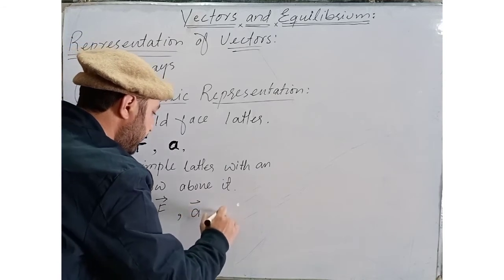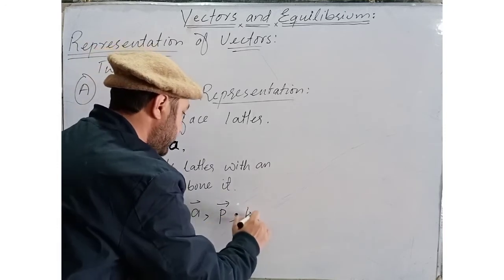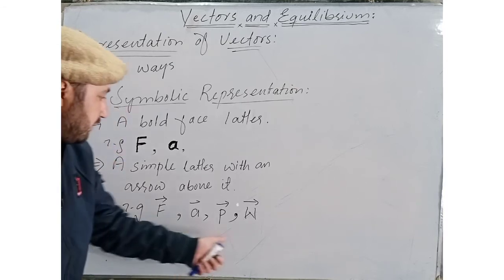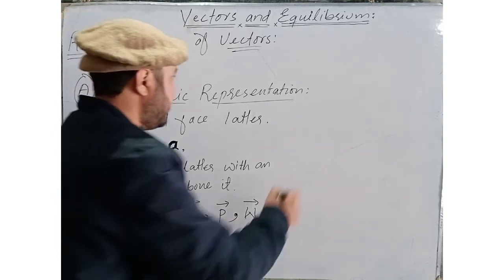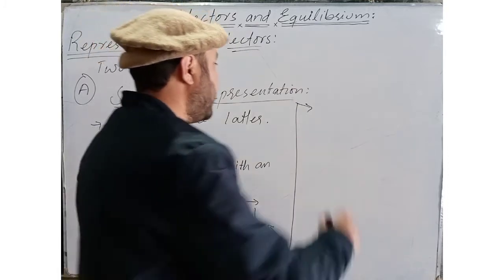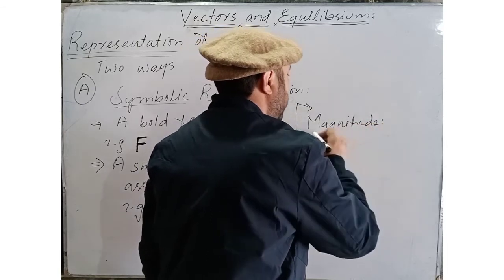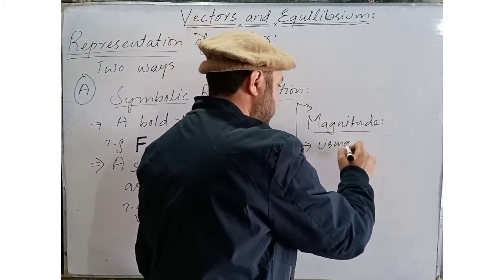Acceleration, momentum with a small letter but an arrow, or you can even represent weight, right? So thus symbolically we can use two different ways to represent vector physical quantities. According to the textbook, we prefer this method. Okay, now what about its magnitude? So this was about the vector itself. In order to represent its magnitude, the magnitude of a vector can be represented by using absolute notation.